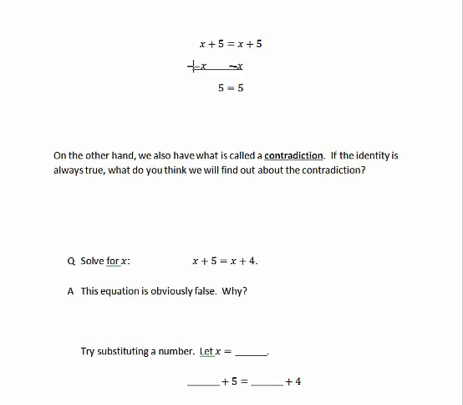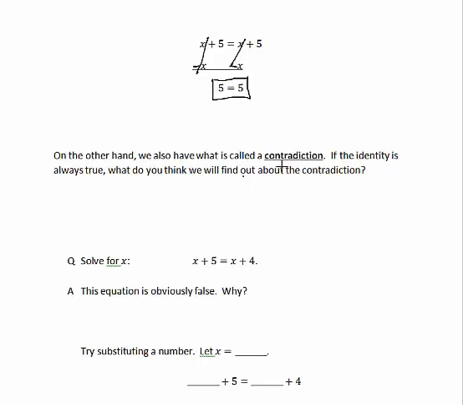I say minus x, and on both sides you see that x minus x just gives you 0. The x's cancel and we end up with 5 equals 5. This is what happens with an identity equation. You may not necessarily come up with the number 5 on both sides, but it will be a number equal to itself with no variables involved.